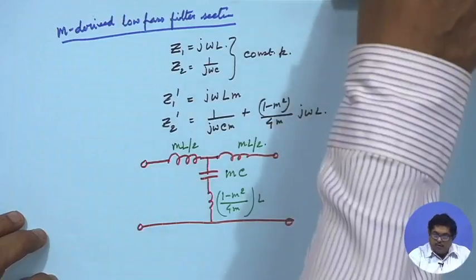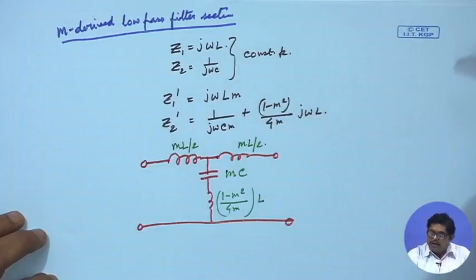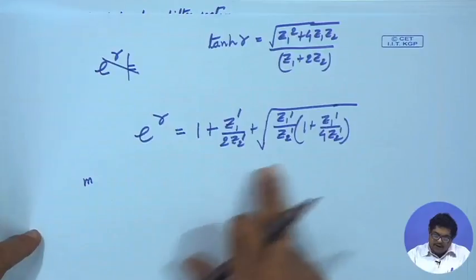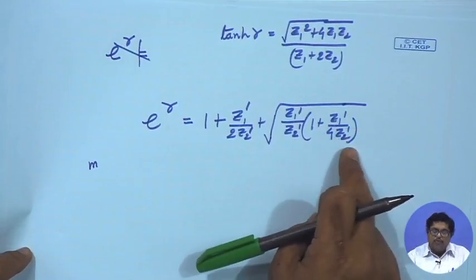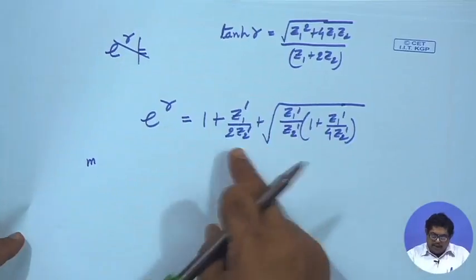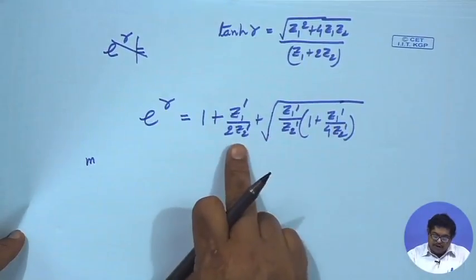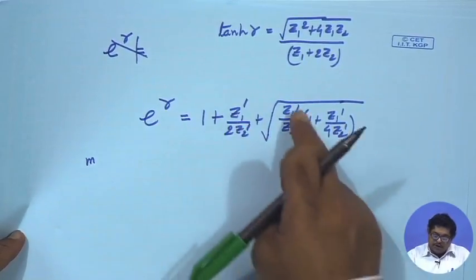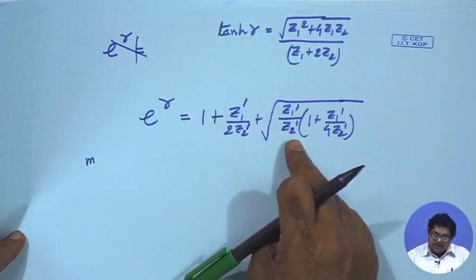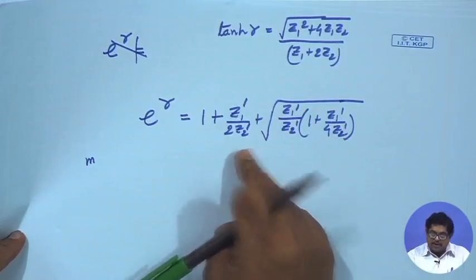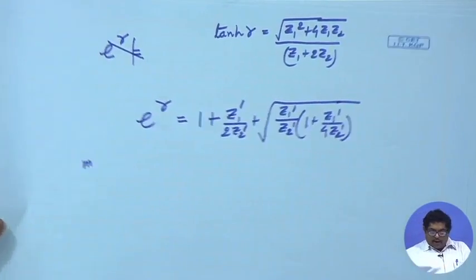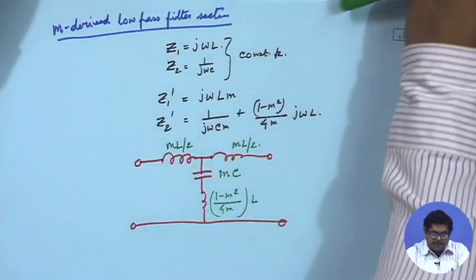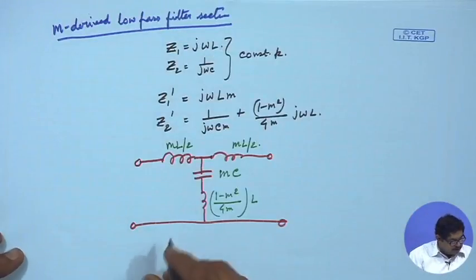Now, if we look at the propagation factor expression, there is an important factor, Z1 dash by 4 Z2 dash. If I know that, I can find out a lot, because all these you see are Z1 dash by Z2 dash, Z1 dash by 2 Z2 dash. So, if I can find this, then I can easily find out the propagation factor.